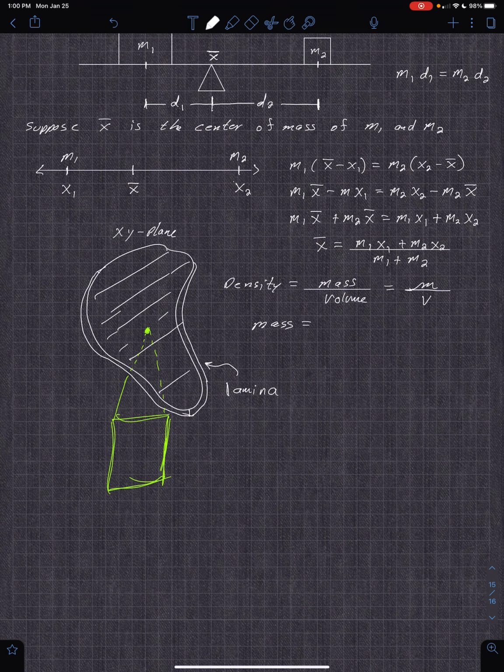You can solve for mass, and it's basically the density times the volume. Now this lamina thing, does it have volume? Well, kind of. It has to have volume, but we are only considering the area of it in this class. We want to simplify it a little bit.